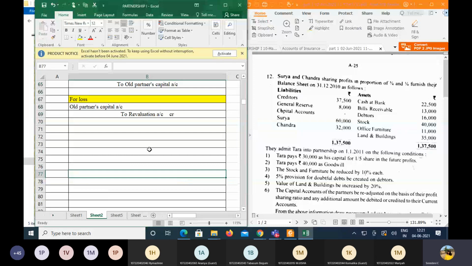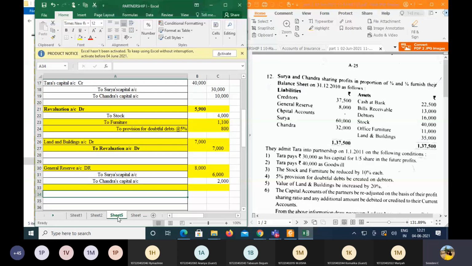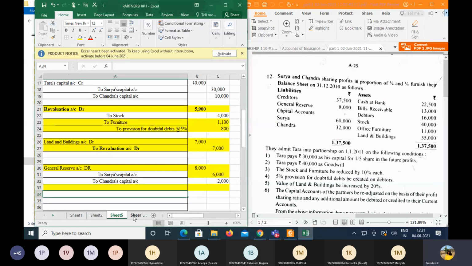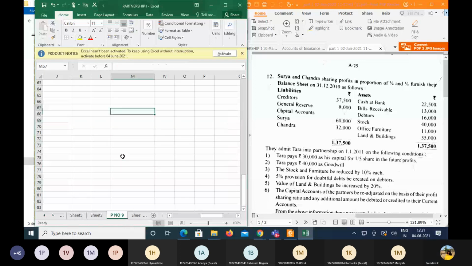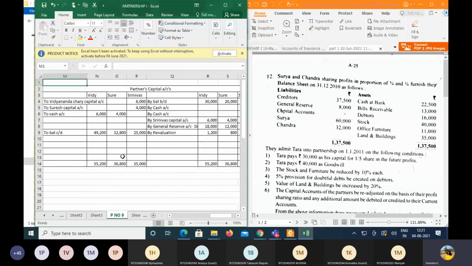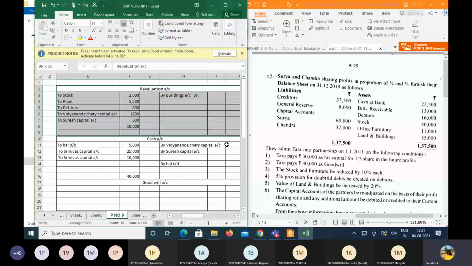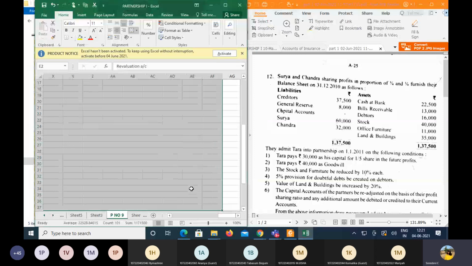So let me quickly copy the ledger accounts, whatever is required. Yeah, this is what we need. So take the revaluation account, balance sheet.